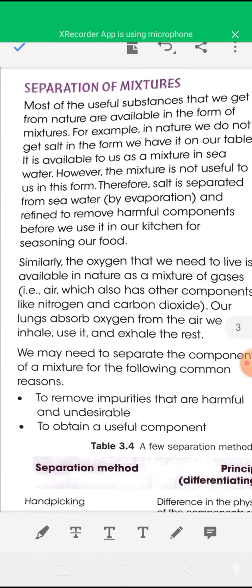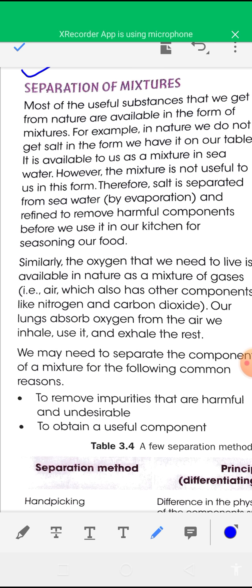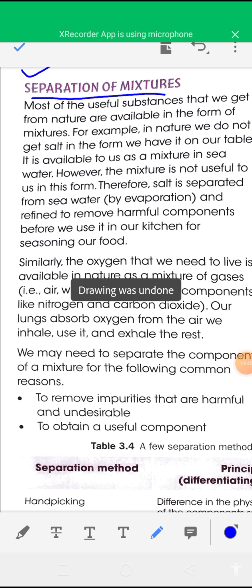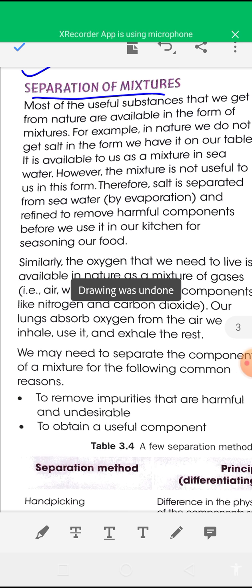Now see separation techniques. How to separate a mixture and what is the reason for separation. Okay, why separation is important. So this topic is separation of components of a mixture.